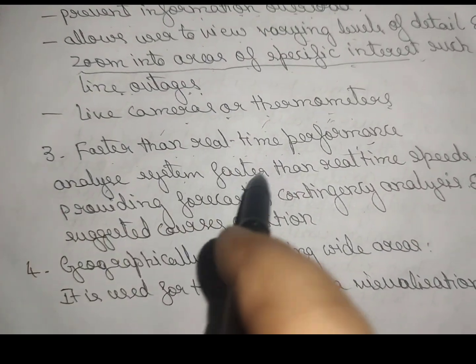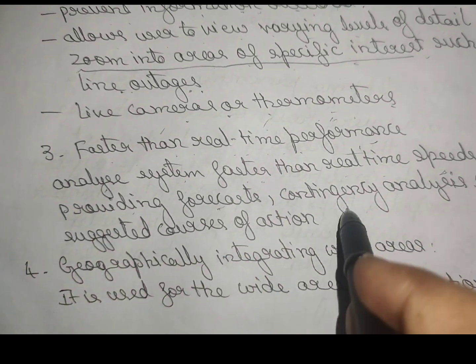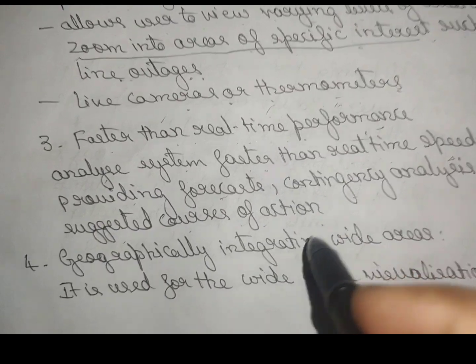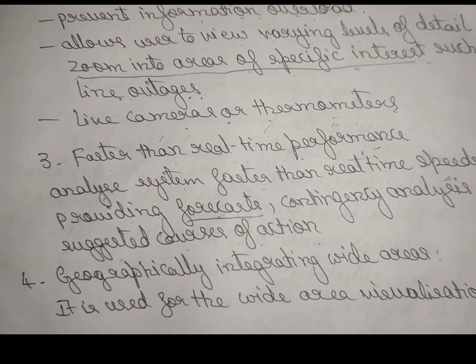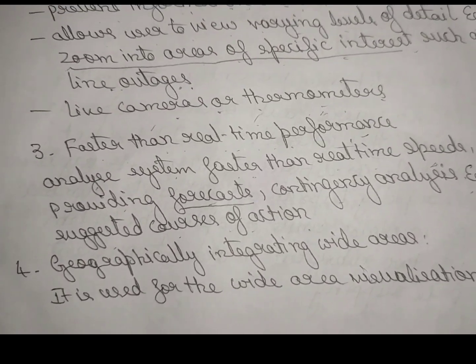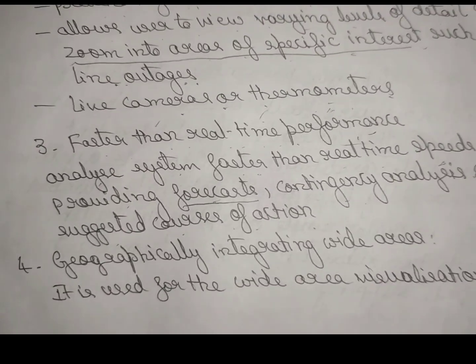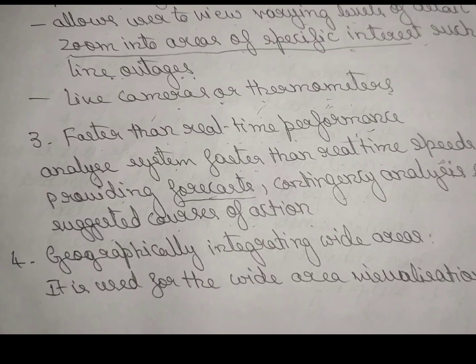Next is faster than real-time performance. Analyze the system faster than real-time speed, providing forecast, contingency analysis and suggested course of action. Forecast means what happens in the future. So this type of faults may occur, so this generation we require, and this type of protection needs to be done for a particular equipment.